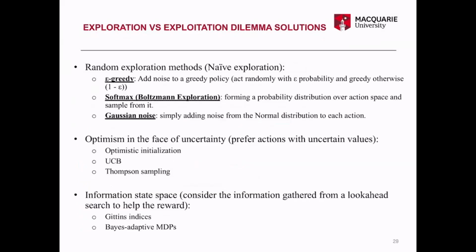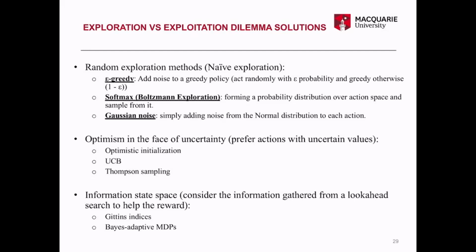So to solve the exploration dilemma, you know that in mathematics we are still dealing with this and we still don't know how to deal with it, but there are at least three major ways that we can deal with it in reinforcement learning. All three are random exploration, optimism in the face of uncertainty, and information state space. In random exploration, it's basically naive exploration. We have three subclasses.